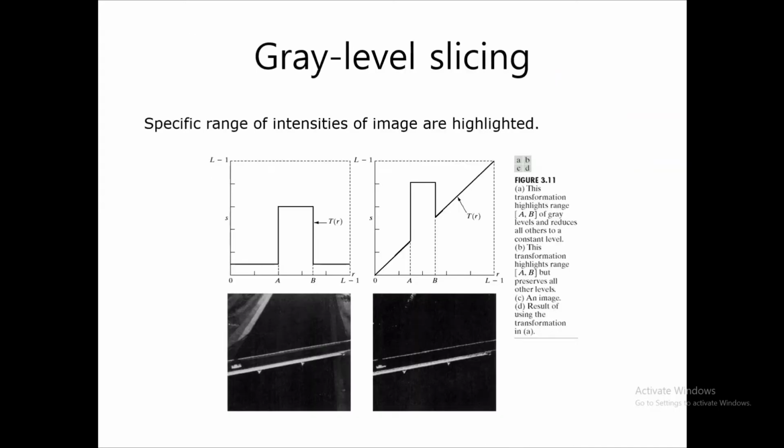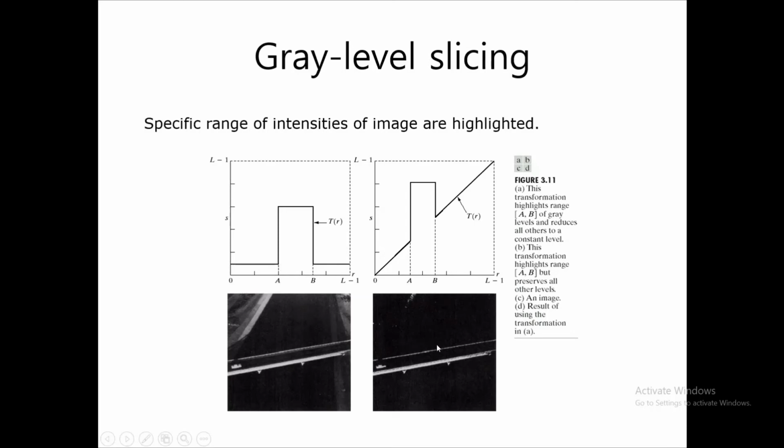Another technique is gray level slicing. Here we highlight a specific range of intensity, and we can do it in two ways. In one case, we just highlight certain pixel values and the rest of the pixels are set to 0.